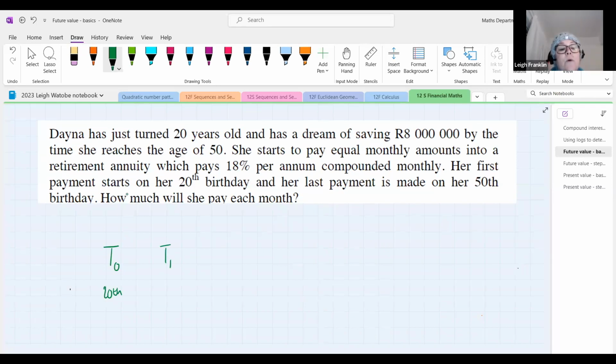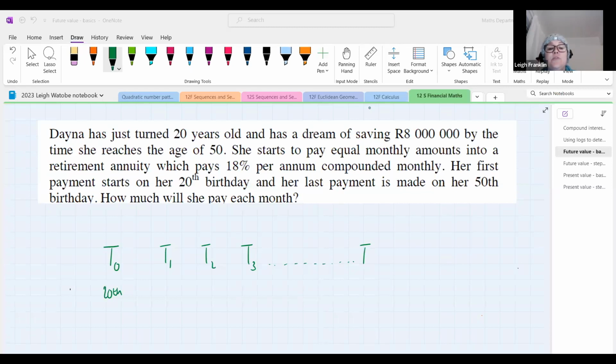At T1, T2, T3, all the way up. Now we get down to where she's going to be turning 50. How many years would need to go by if you have just turned 20 and then to the age of 50? Exactly, 30 years.